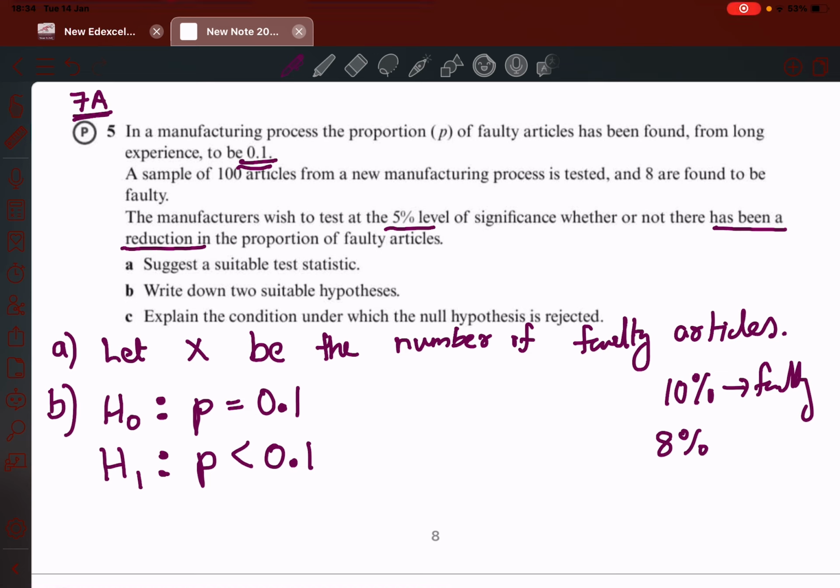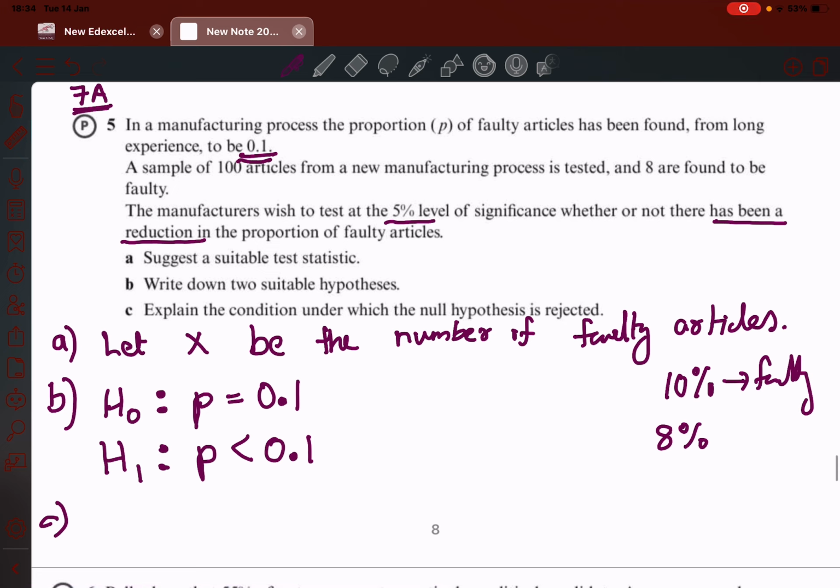So explain the condition under which the null hypothesis is rejected. So in any hypothesis question, the main question that we ask ourselves is, is this normal? So we have to establish what is normal. Normal is 5%.